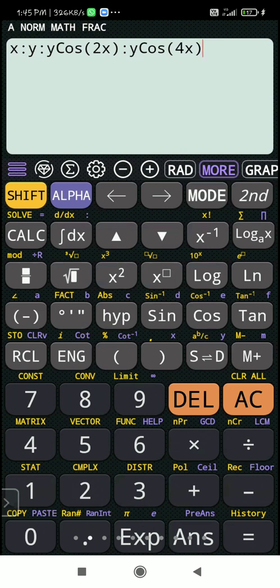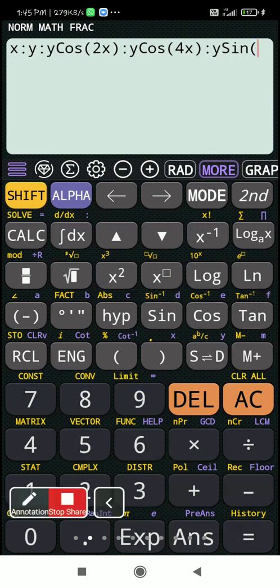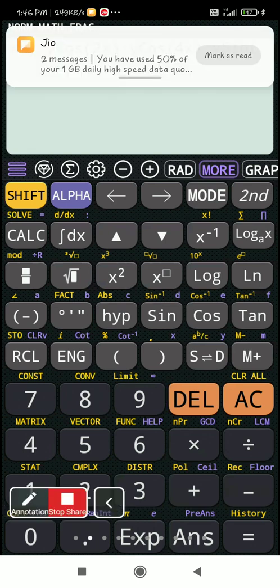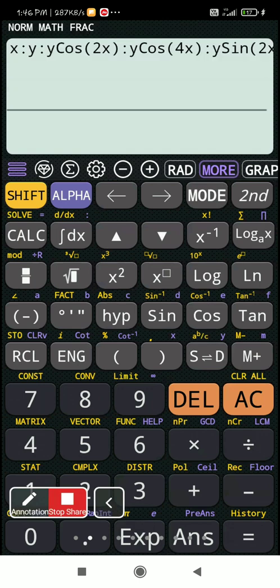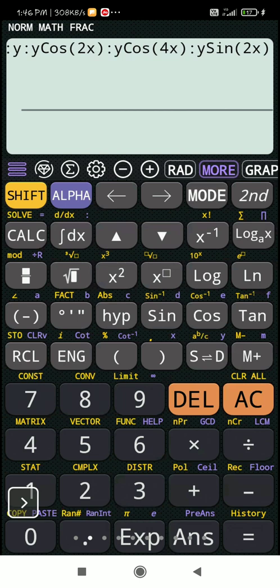So now alpha colon alpha y, then sine, then 2 and alpha x. X is the alphabet, sorry, 2 is not coming. So first 2 and alpha x, right? So this y sine 2x is complete.